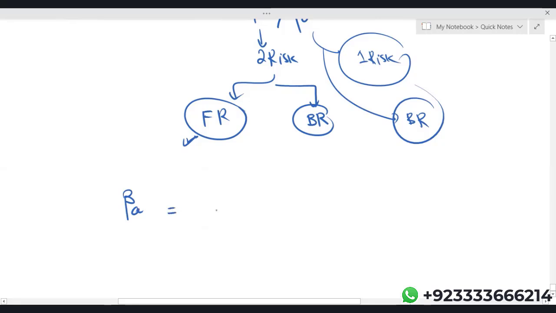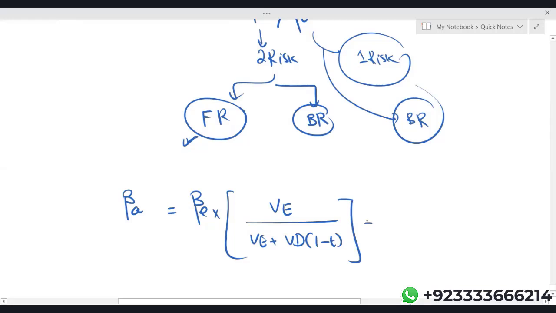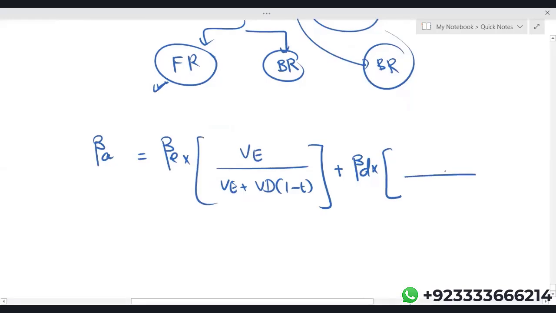It is equal to beta equity into market value equity divided by market value equity plus market value debt (1 minus tax rate), plus beta debt into market value debt (1 minus tax rate), divided by market value equity plus market value debt (1 minus tax rate).